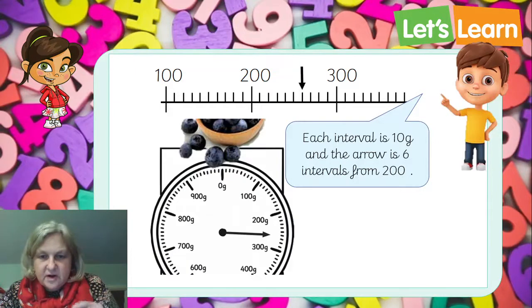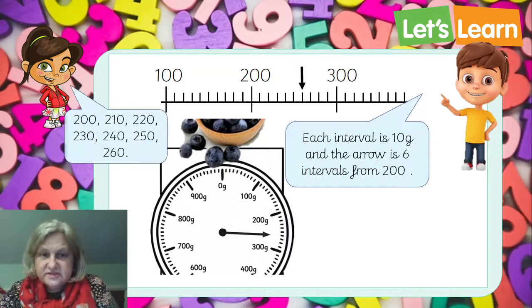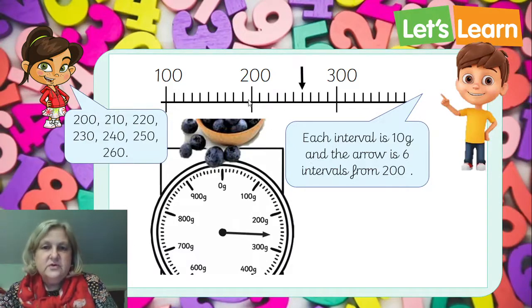I find this quite hard to do, and when I usually do it, if I'm looking really carefully at it, I use a ruler just to extend that, and I'll show you how to do that in a minute. So if you've got 6 intervals along that line there, and each interval is worth 10, we can just count on from this previous mark that we know, and we will jump on in 10.